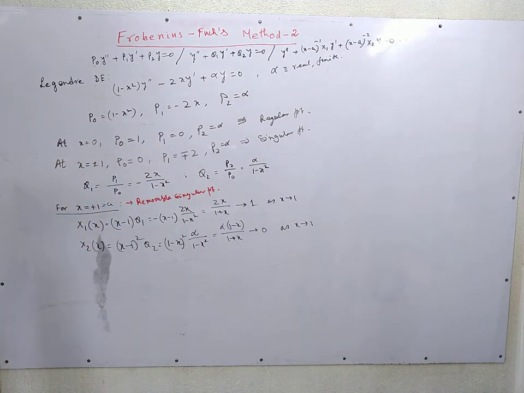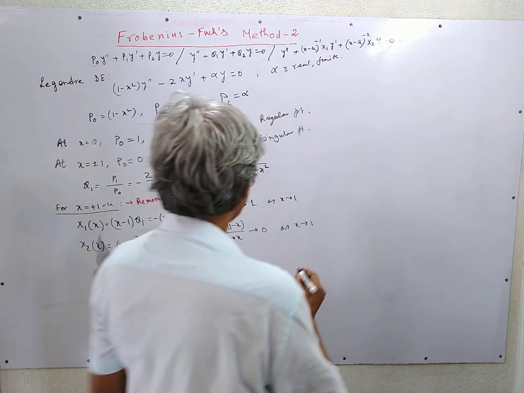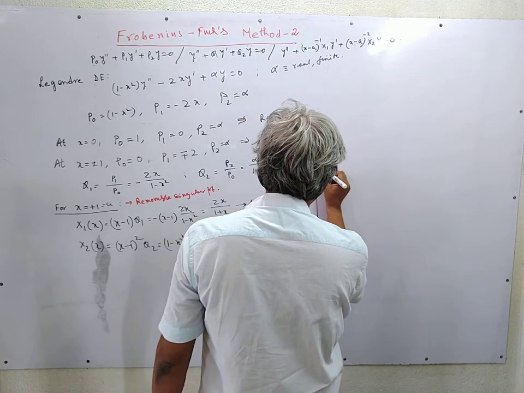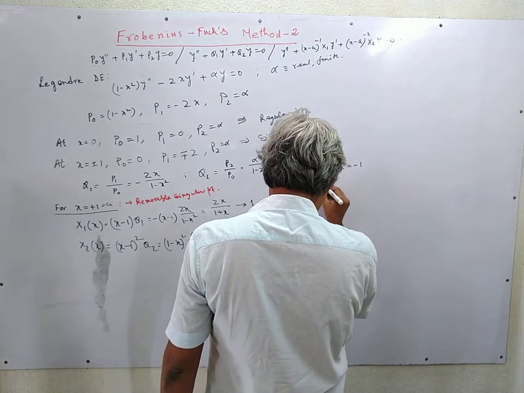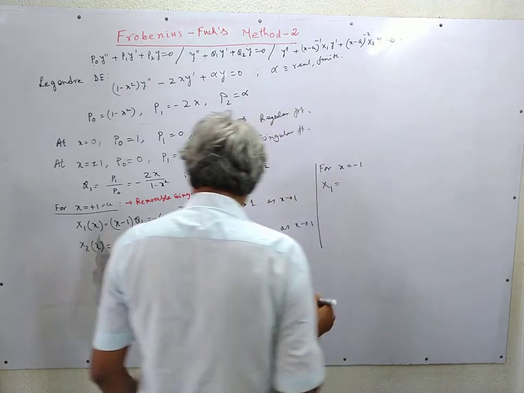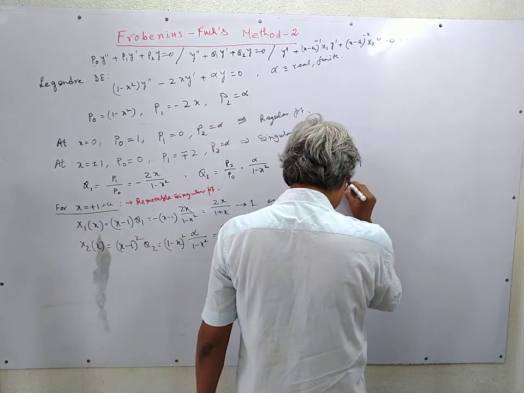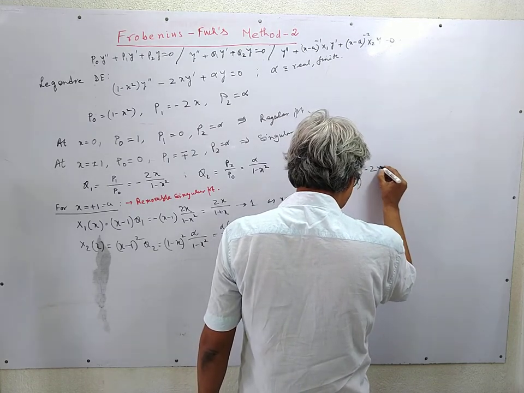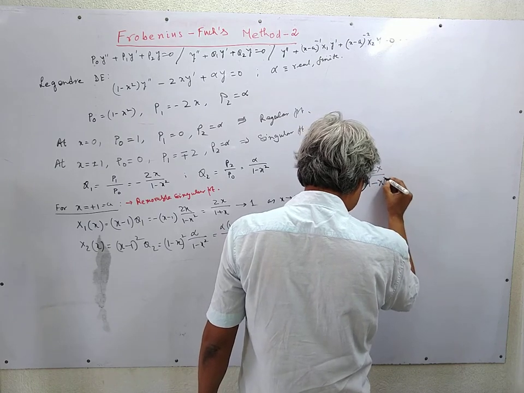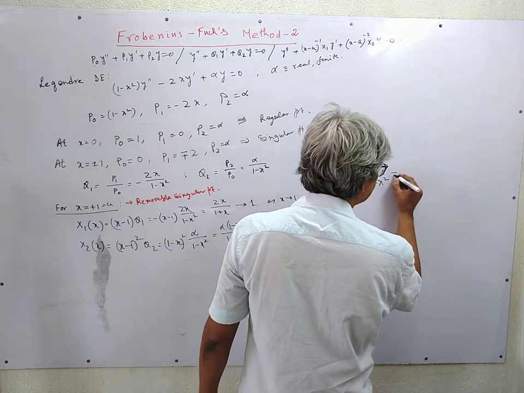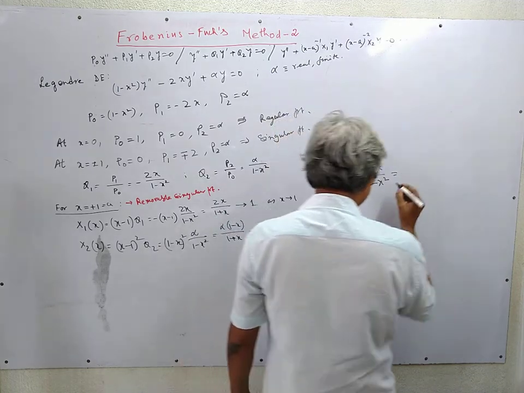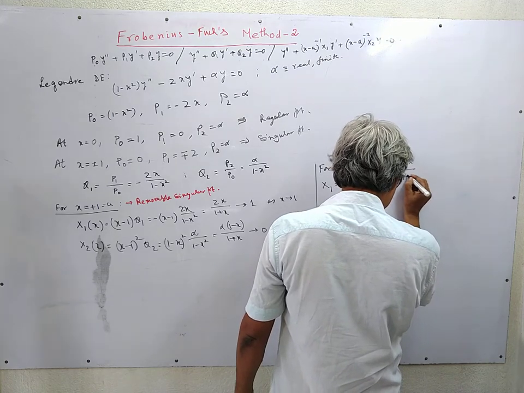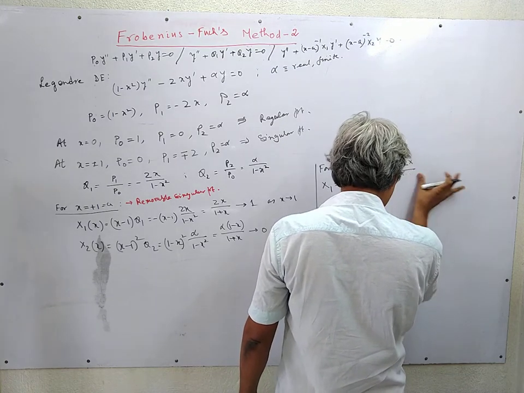Now come to the point x equal to minus 1. What happens at x equal to minus 1? X1 is, this time, x plus 1 times minus 2x over 1 minus x squared. On simplification, this comes out to be minus 2x by 1 minus x.